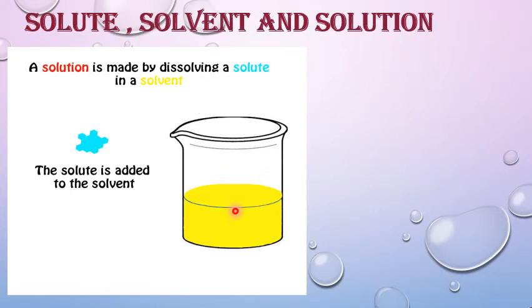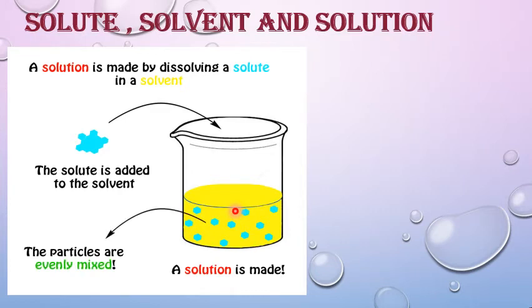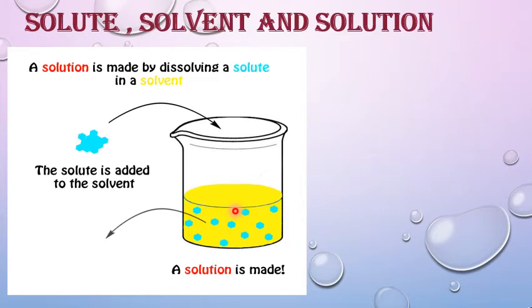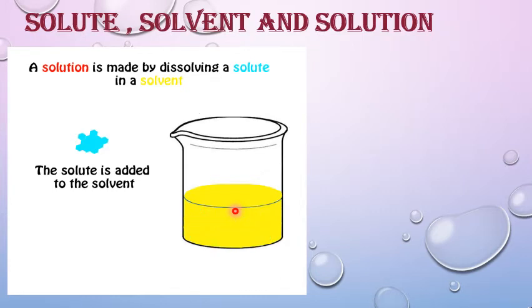Now you try dissolving it, put it in, stir it and try dissolving it, you will see that the solute will completely dissolve in the solvent, and what you get is the salt solution or the sugar solution. Clear?